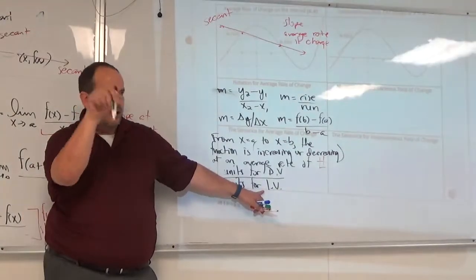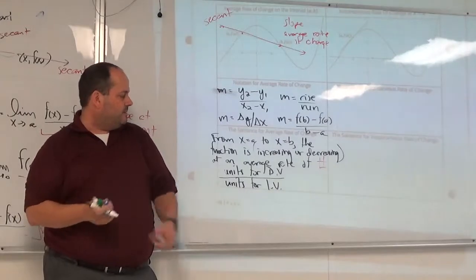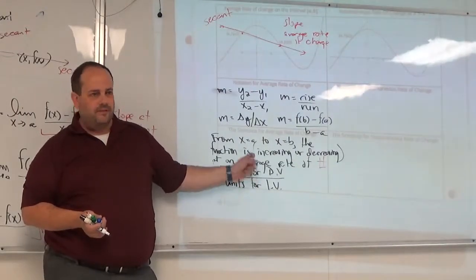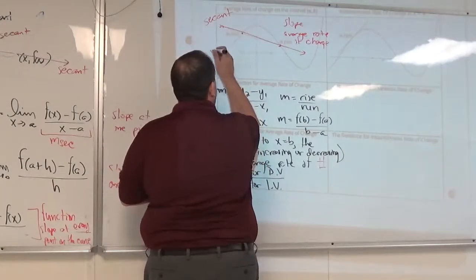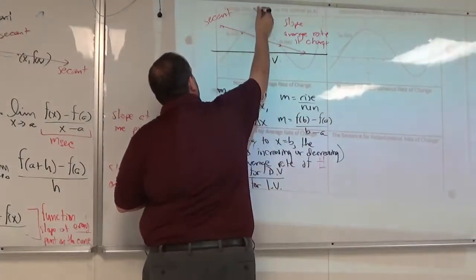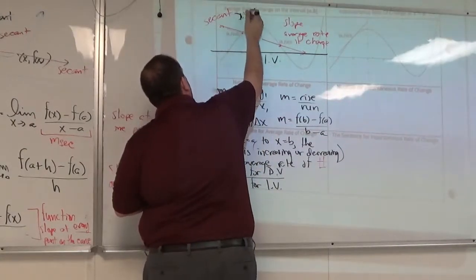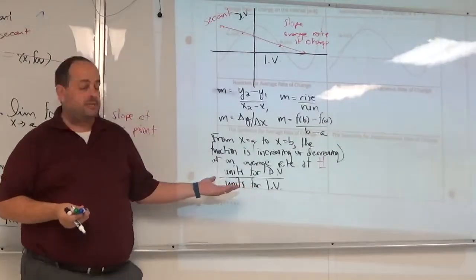And watching the hundreds of pre-calculus students last year, we're always confusing our dependent variable and the independent variable. The independent variable is what you have on the x-axis. The dependent variable is what you have on the y-axis.